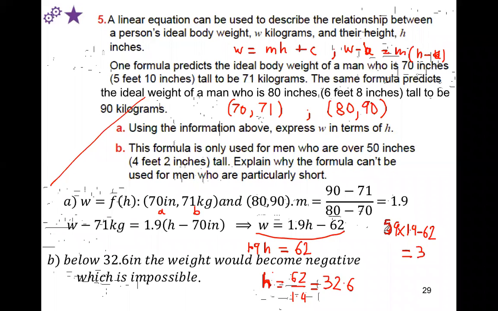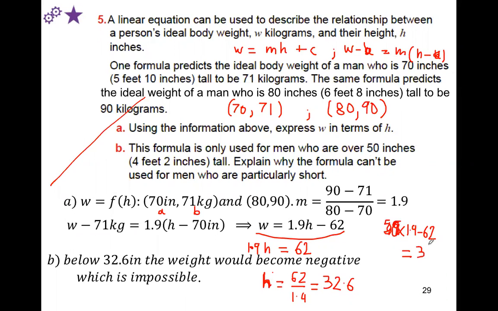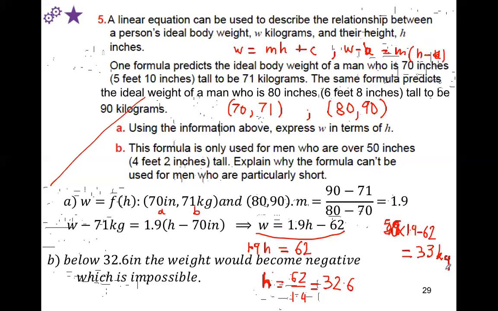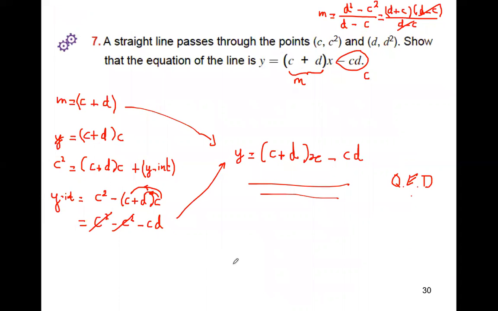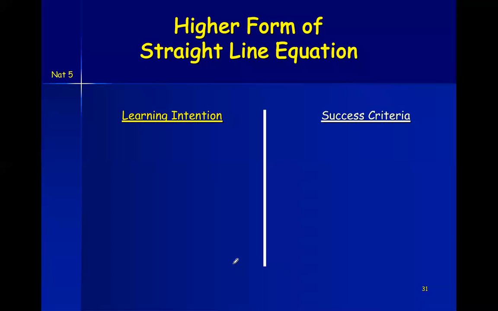So anyone less than 50 inch would not work, because you get 33 kilogram. That's their threshold, basically. So that's how you would answer this question. Make sure you always get a positive weight.